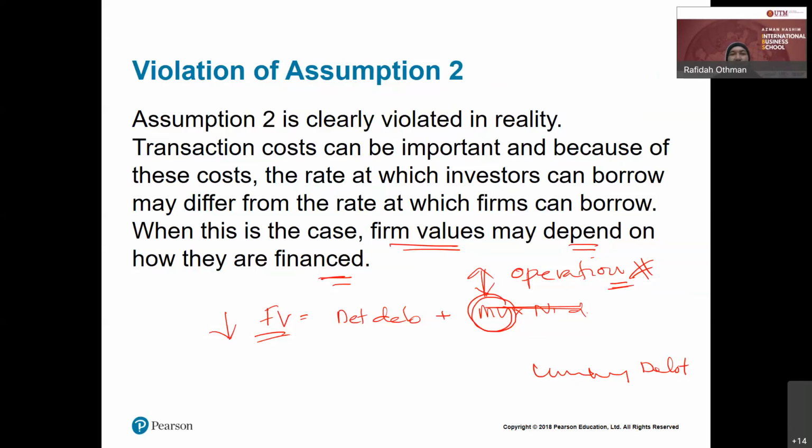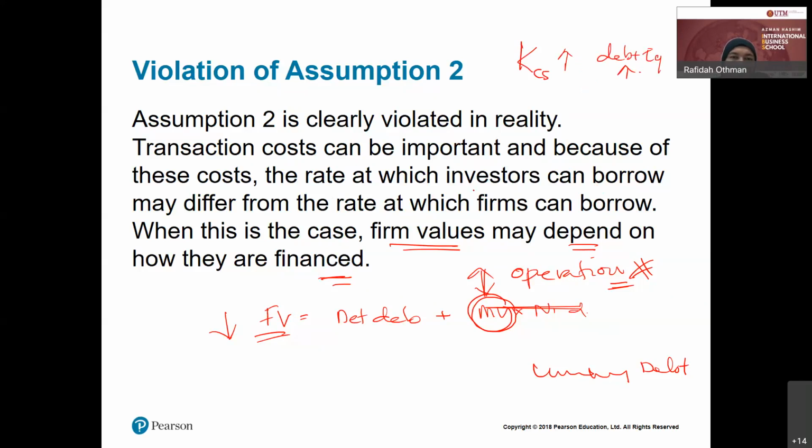So we look here at the cost of borrowing. The rate at which an investor can borrow may differ from the rate at which a firm can borrow. The cost of borrowing here is the cost of common stock here. So the cost of common stock is increasing when your debt to equity ratio is increasing.